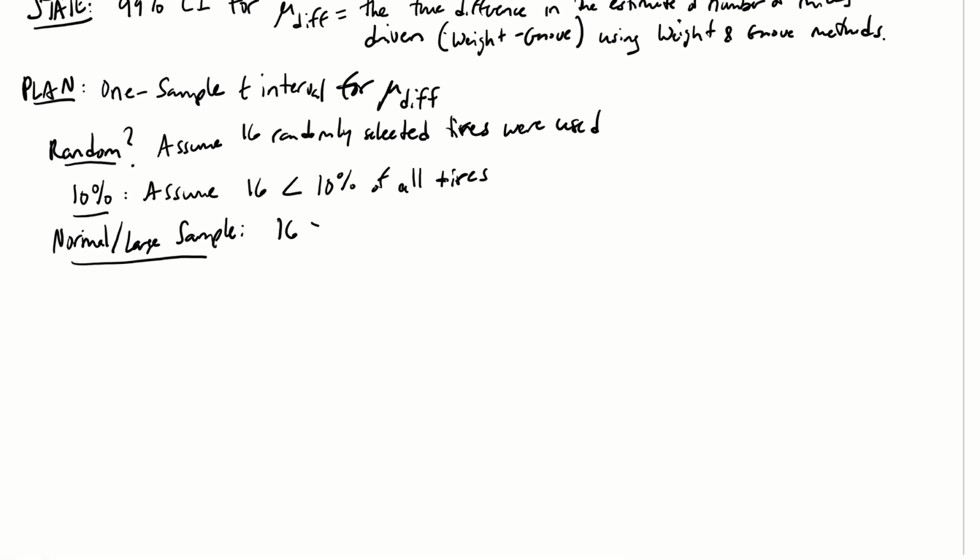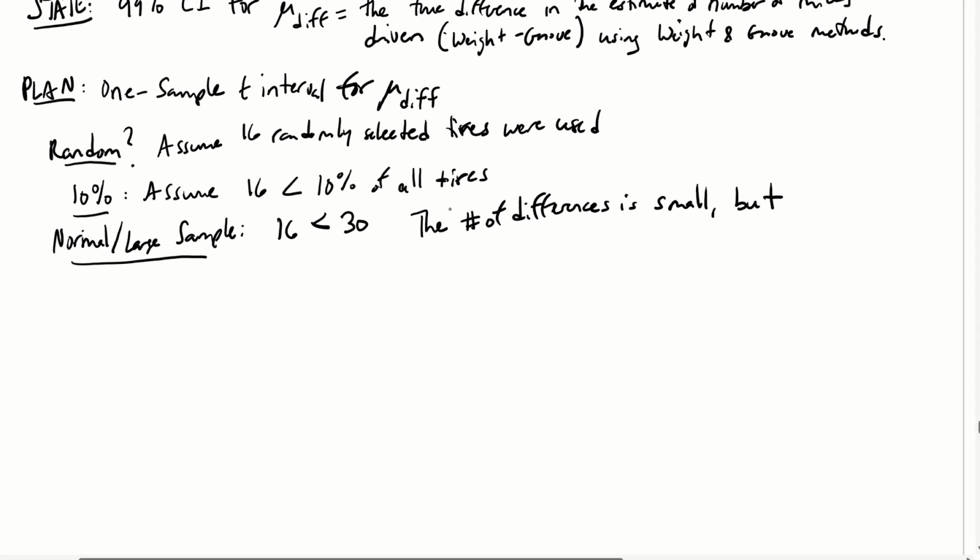So we got 16, which is less than 30. And so we're going to need to do the dot plot, okay? So we're going to say the number of differences is small, but now this is where we make the graph. But we already made the graph, right?